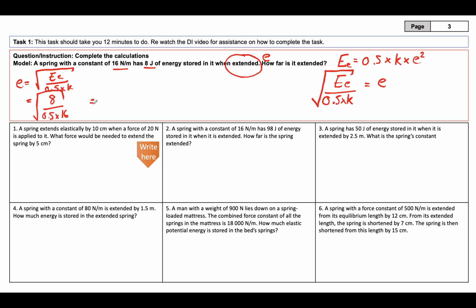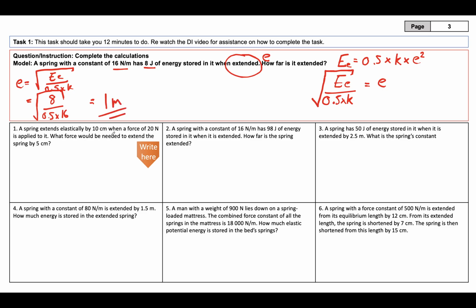I'll type that into my calculator. I've got a feeling it's going to come out as 1, but we'll see. So 8 over 0.5 times 16, all square rooted, is indeed 1. So that's quite nice. So the extension is 1 meter.